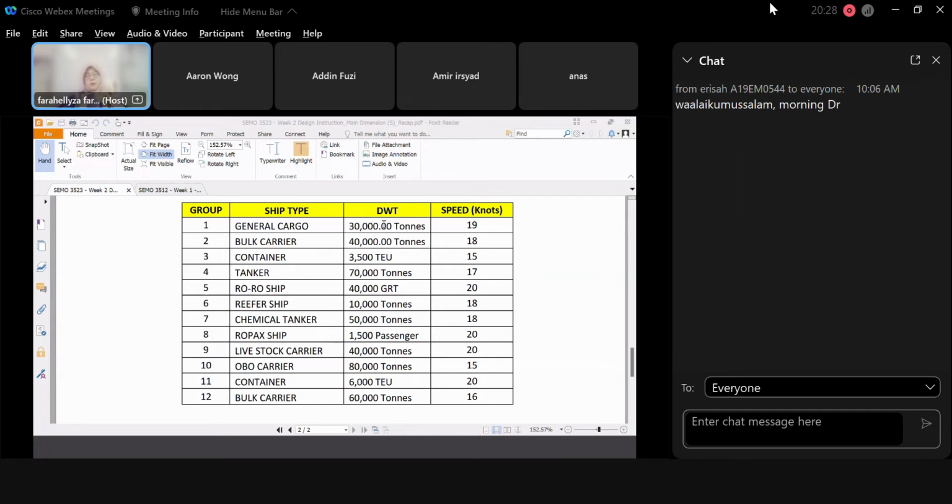Maybe if more worldwide, ABS, American Bureau of Shipping, or Lloyd's Register, or the DNV rule, or in Malaysia sometimes we go for SCM, Ship Classification Malaysia. Some owners already decided which class they want to register their ships with.